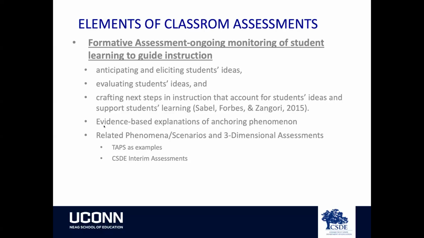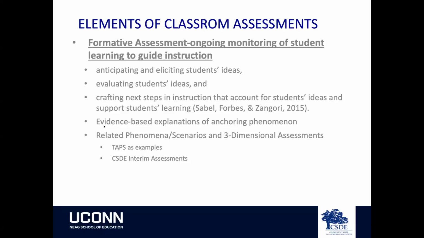So those first 2 are anticipate what students might say, evaluate what you heard, and then think about what you can do now with what you heard as a teacher. So those are ways that we think about formative assessment throughout a unit of instruction. And then another classroom level assessment is the fourth and fifth bullet.